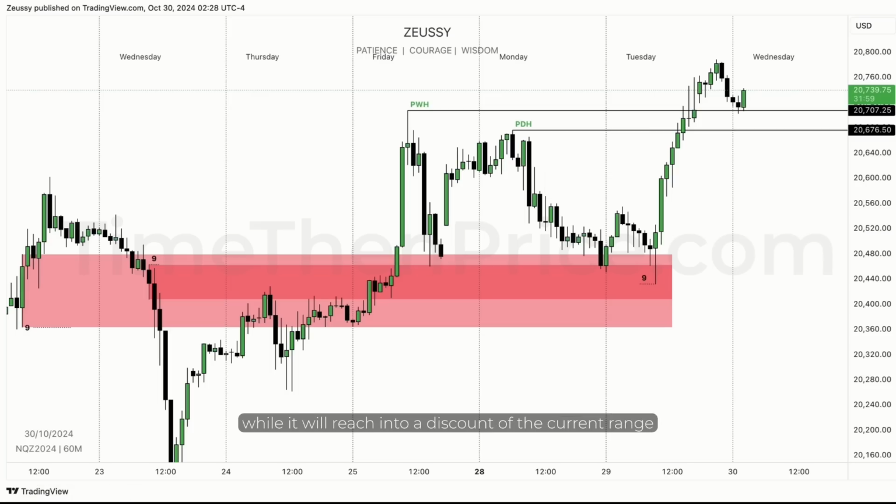Well, it will reach into a discount of the current range. It will reach key levels at the right time, and then it will reverse, drawing towards the real direction, which is higher. And that is what you can beautifully see here, where this 9 o'clock candle referred back to previous 9 o'clock hourly candles.